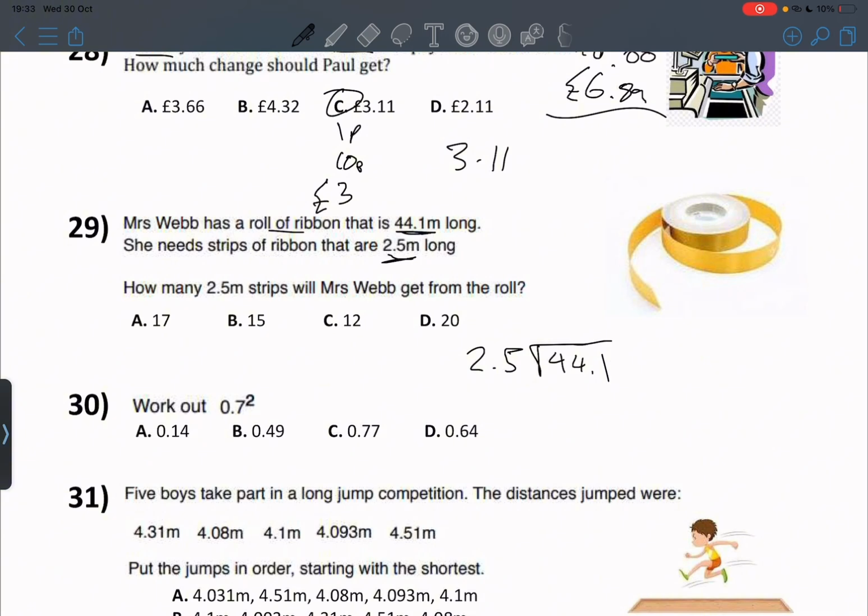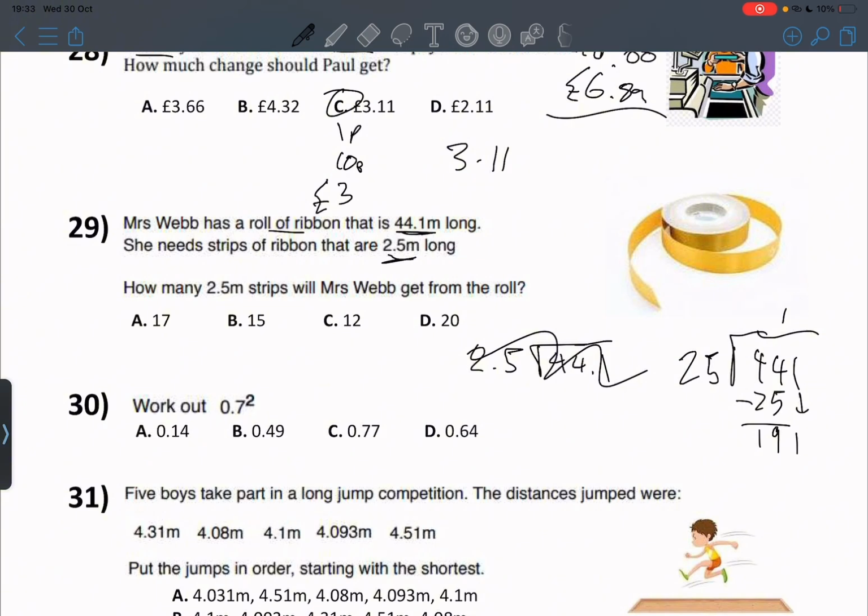So you can do it like this, or you can do it like I explained earlier, which is where you times both of them by a number. So I'm going to times them both by 10. Now it's much easier because they're both whole numbers. So how many times does 25 go into 44? It'll be once. If you subtract this, it should give you 19. And if you bring the 1 down, you got 191. How many times does 25 go into that?